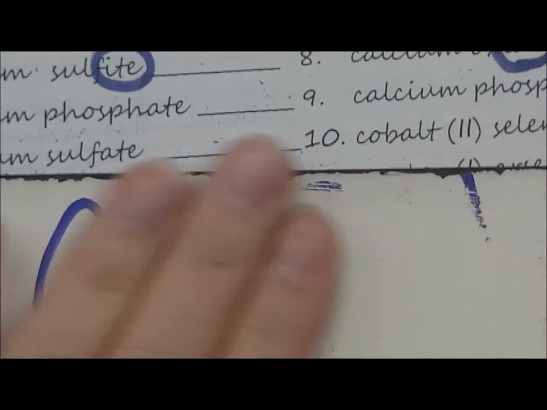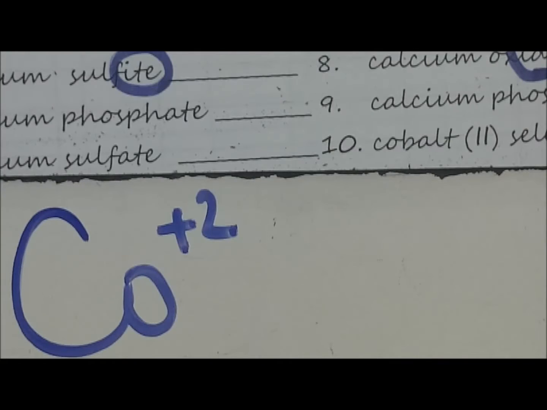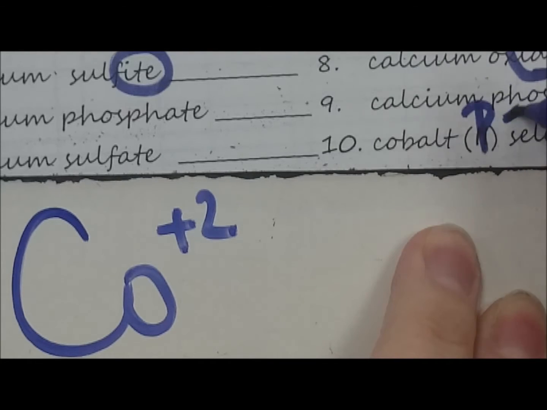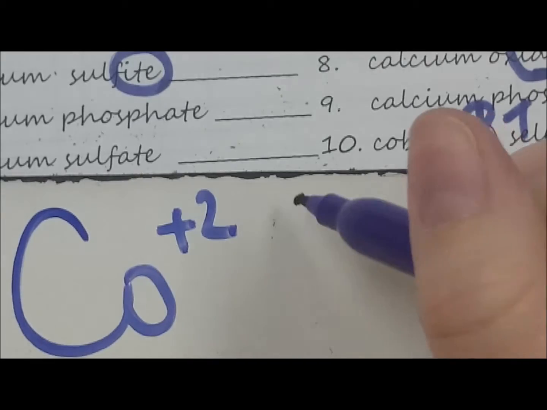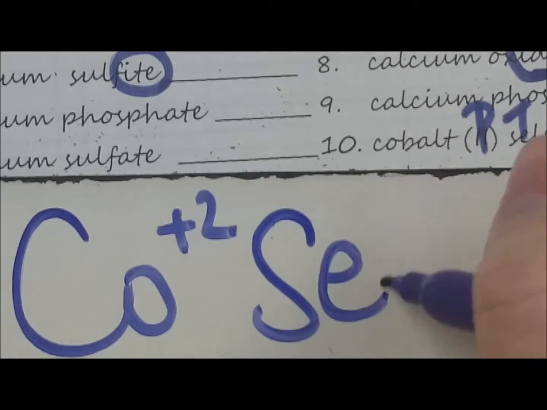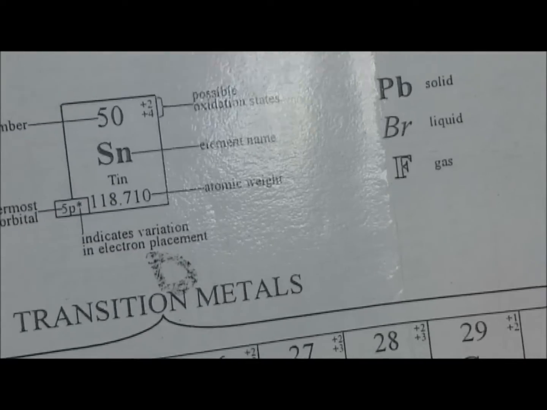Last one is cobalt. Now, cobalt, they give us the charge, so it's a transition metal. And selenide, it has IDE on the end, so I know that's from the periodic table. So that's selenium. So that is Se. And we're going to find that guy on the periodic table.